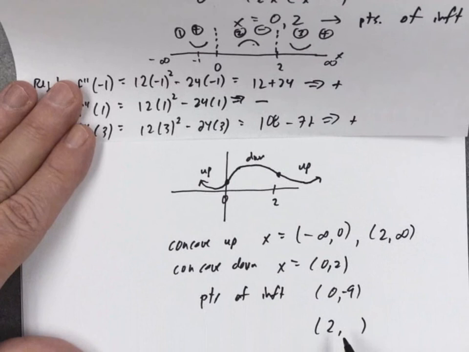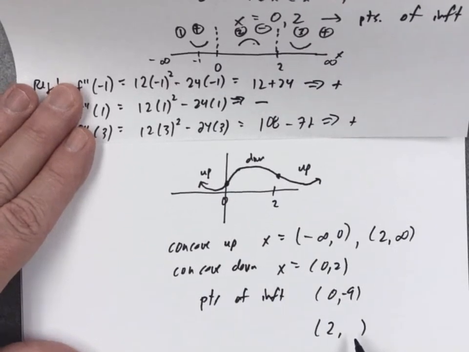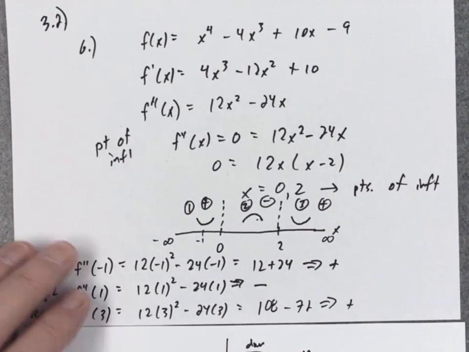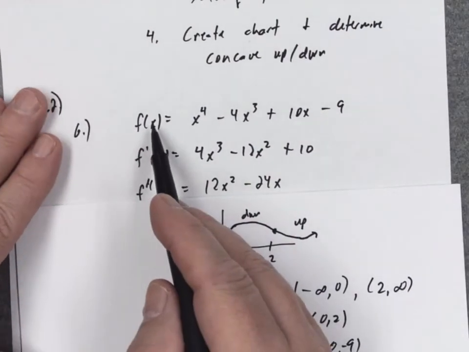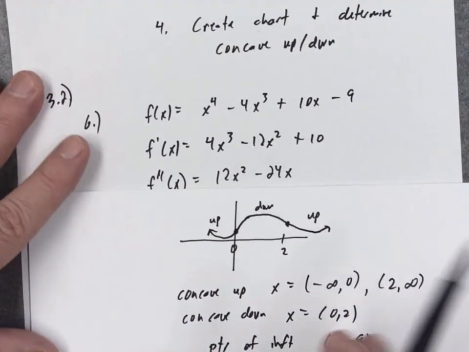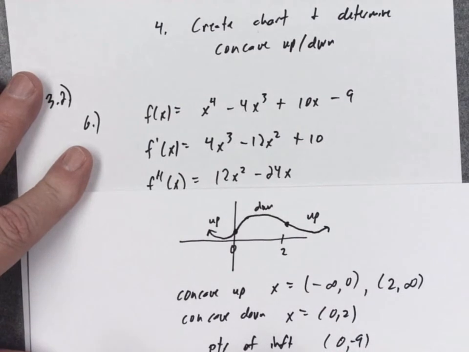The second point of inflection, the x is 2, but what's the y going to be? Once again, y and f of x are the same thing. So I could write this equation as y equals x to the 4th minus 4x cubed plus 10x minus 9.